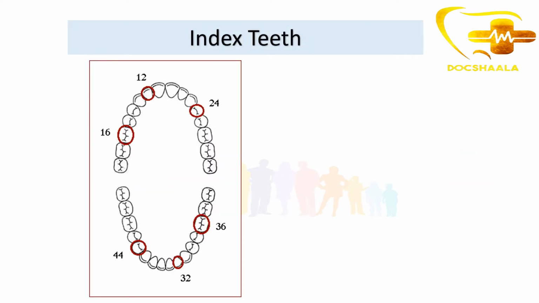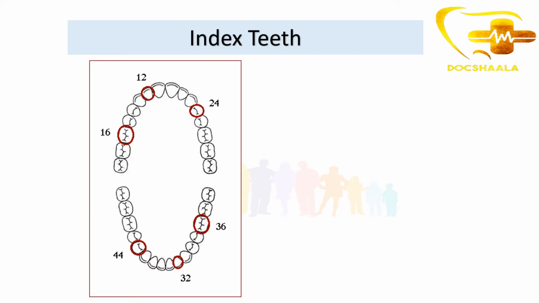The teeth which we use to measure these plaque indexes, of course we cannot use all the teeth. We have an index which measures plaque on all the teeth, the periodontal index, where we sometimes take every tooth in the mouth. But in plaque index we have index teeth.